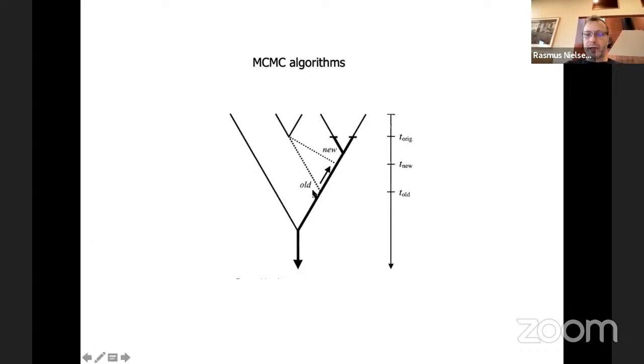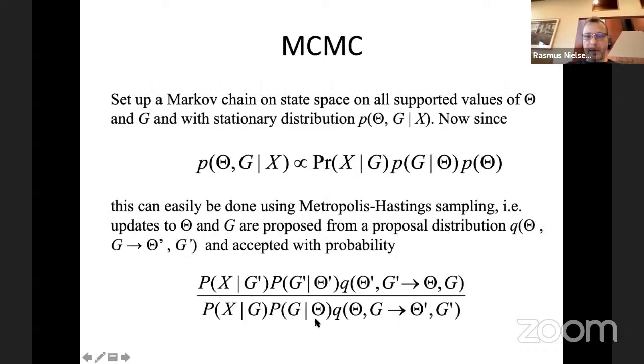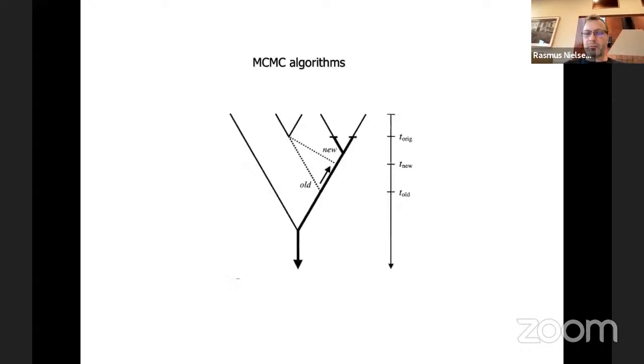And you keep proposing changes like that, updating them, accepting them with this probability, and in the end you will be able to sample correctly from the posterior distribution. Of course, this can also be computationally intensive, but it's been the background for a lot of different work on how to estimate parameters in population genetics.